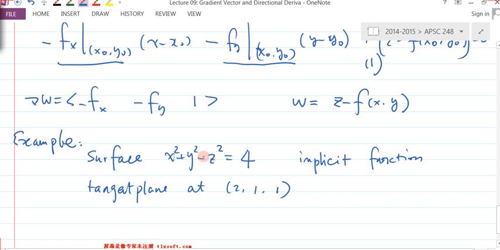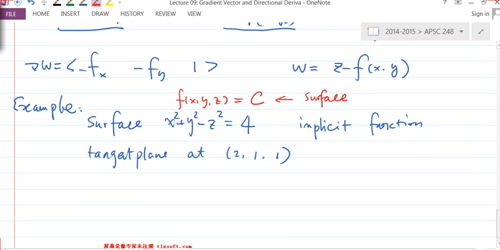Because this satisfies the format f of x, y, z equals c, and we know that this describes a level surface. So you need to get rid of the doubt that this is not a surface. It is a surface.